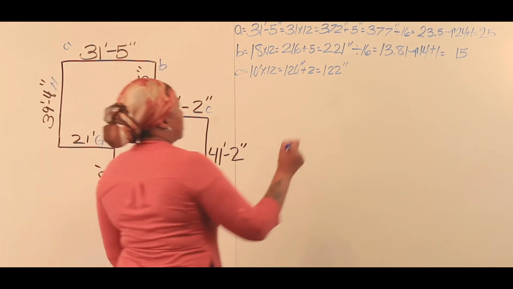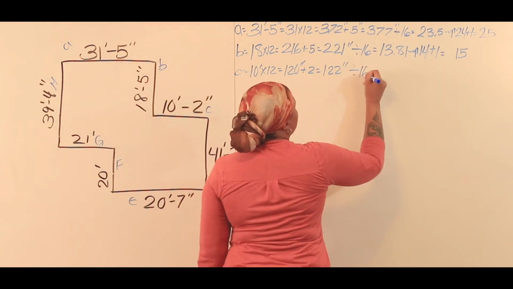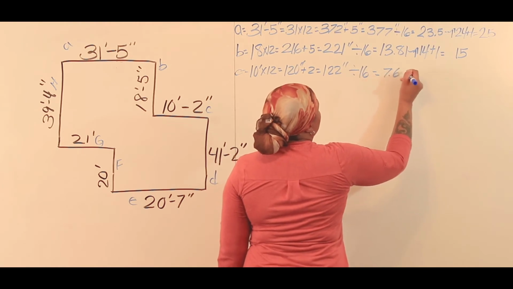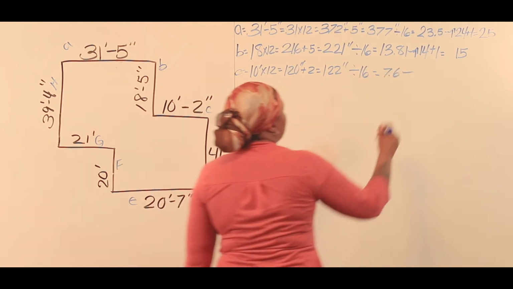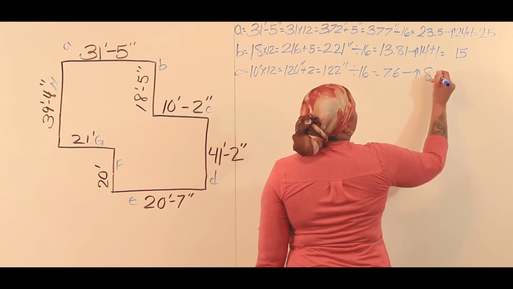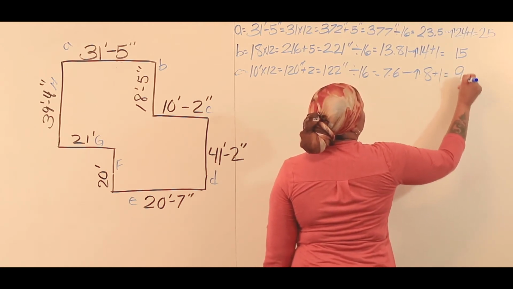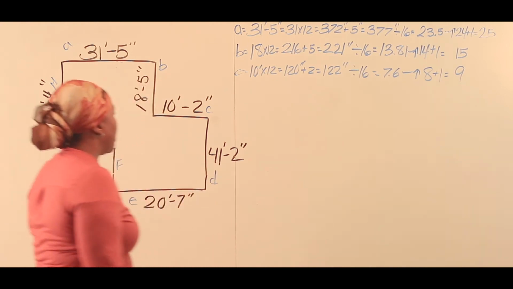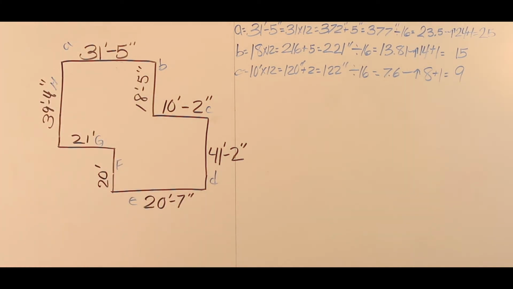When we divide that by 16, we get 7.625. Anytime we got a decimal, we know we round up. So we would have 8 plus the starter stud. So 9. We would need 9 studs for that one. All right, so now let's go to D. We got 41 feet 2 inches.